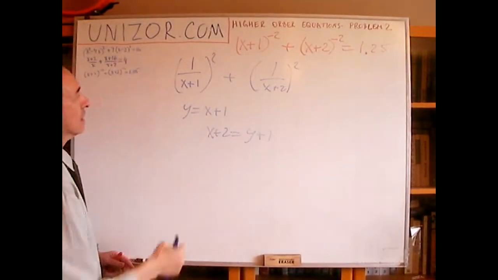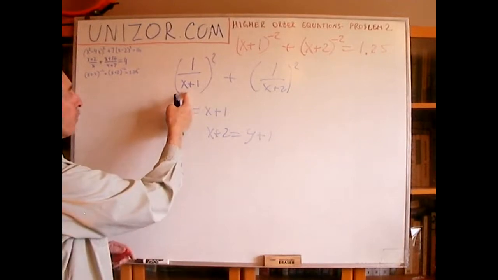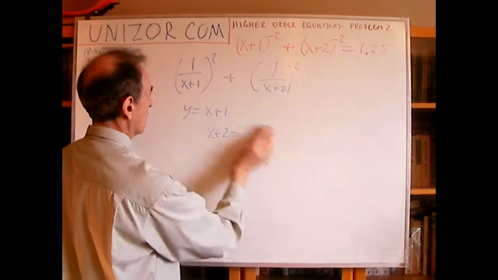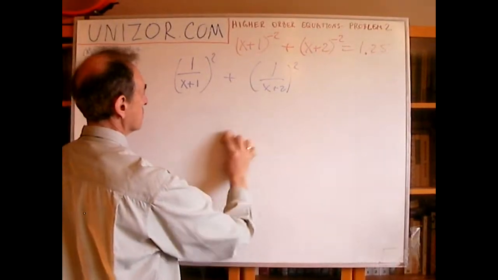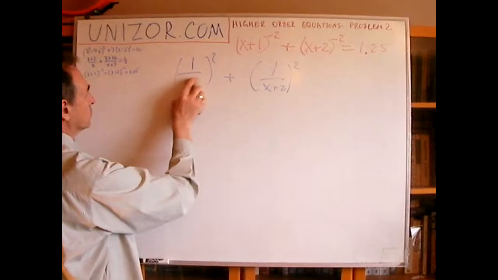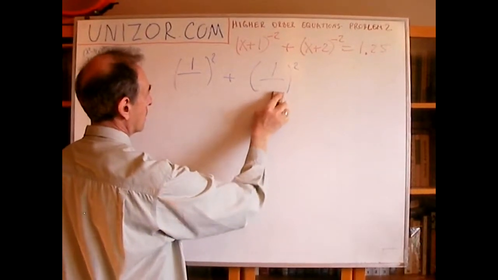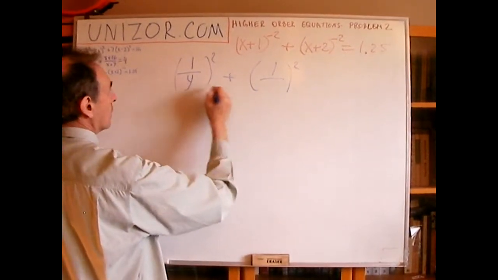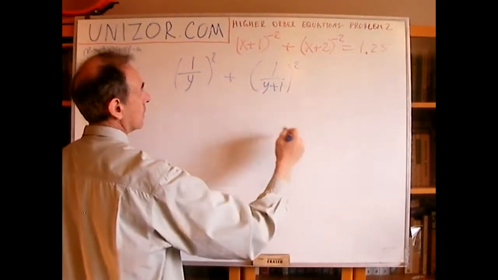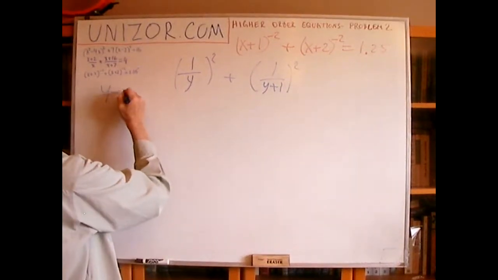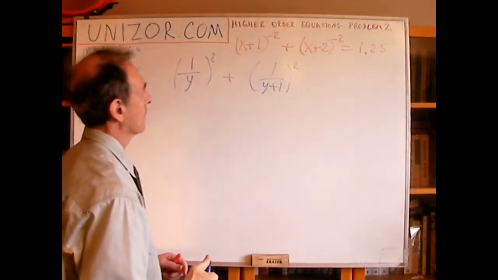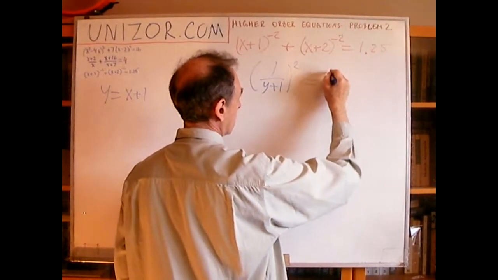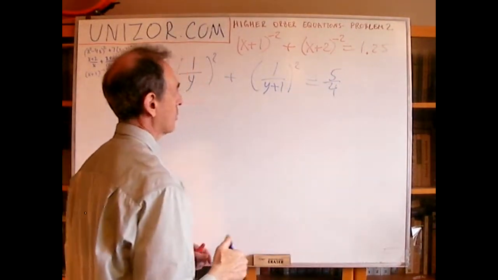Now, why is it easier? Because it's easier to deal with the denominator y than denominator x plus 1. So instead of this, I will use this substitution, and I will put here y and y plus 1, where y is equal to x plus 1. Okay? And what's equal to 1 and 1.25, let me deal with rational numbers, fractions like this.